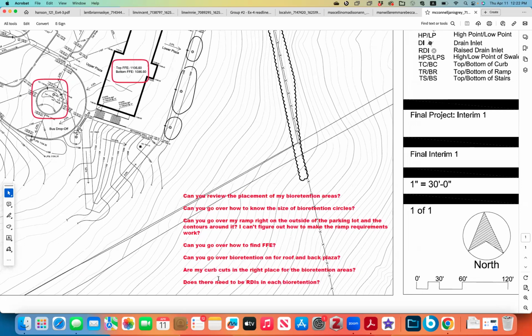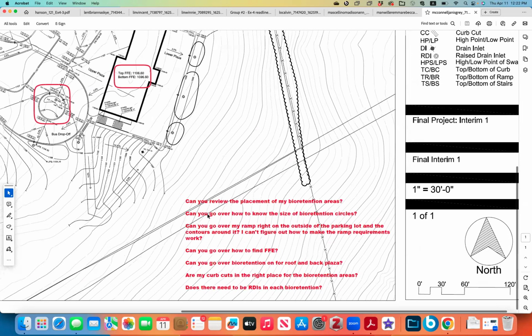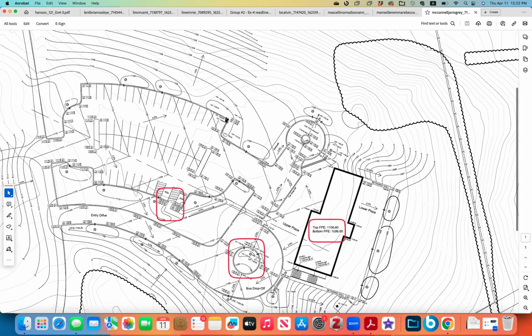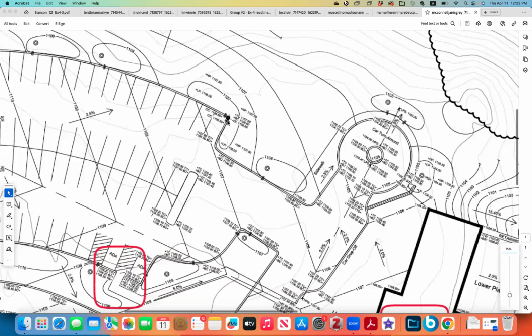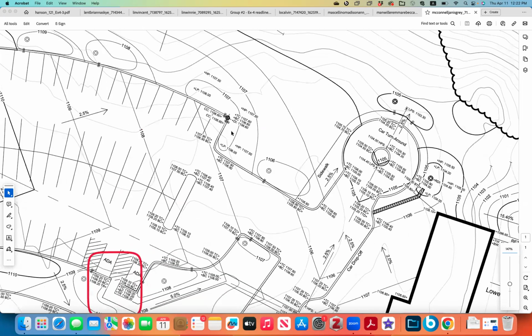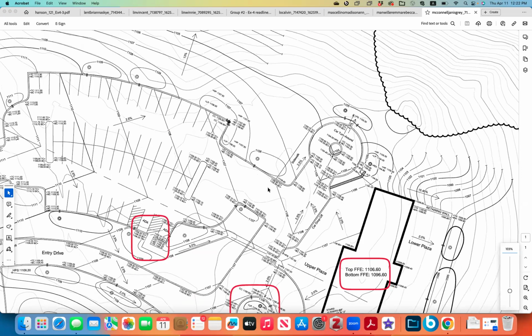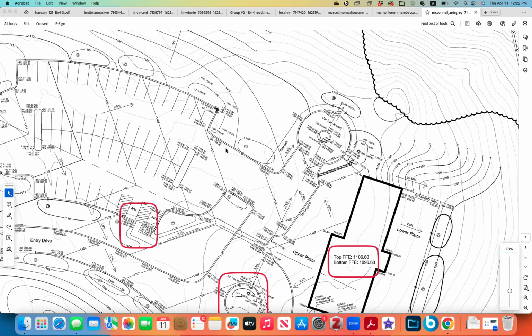Curb cuts. All right, let's take a look at curb cuts. We have these, good. Those should be either a DI. Yes, that's a DI, good. This one you actually don't need an RDI, the reason being that they can just keep flowing down, right? You do not need an RDI here. That's too small, so we're not using that.